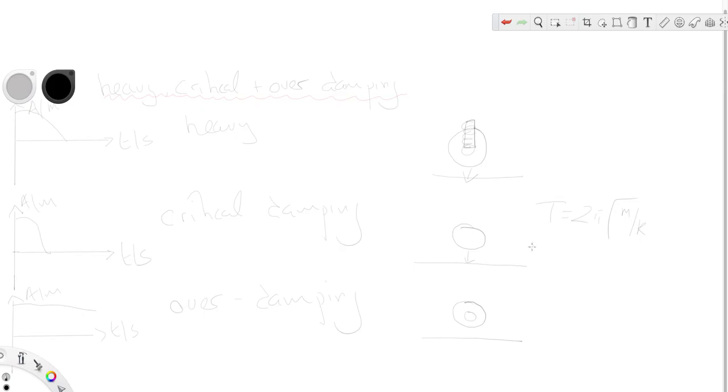So you have to choose the stiffness, if you like, of this damper, which we call a shock absorber in this country. You have to choose the stiffness of this to get the damping just right, so that when your wheel hits a bump, it comes back down onto the road and stays there.